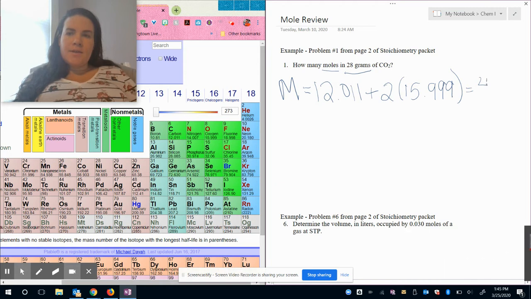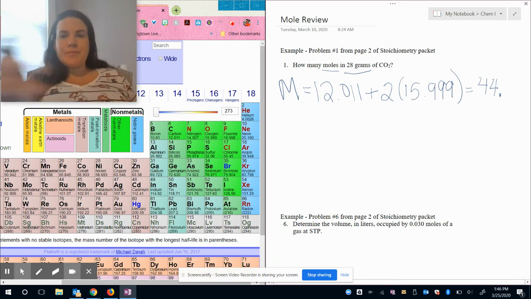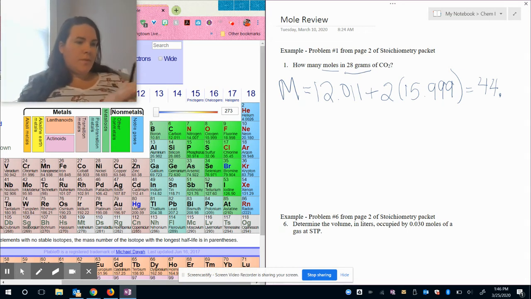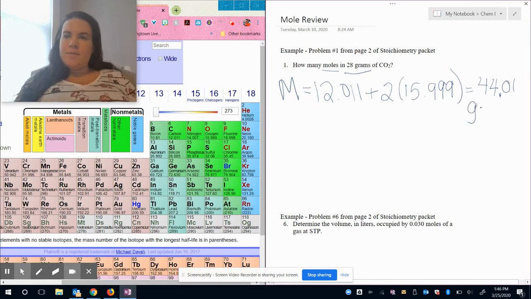And that gives us a molar mass of 44.01. And that's how many grams equal 1 mole. So this will be our conversion factor.